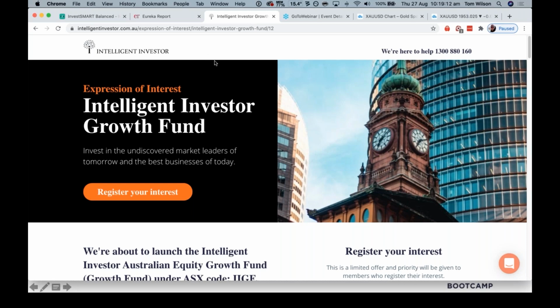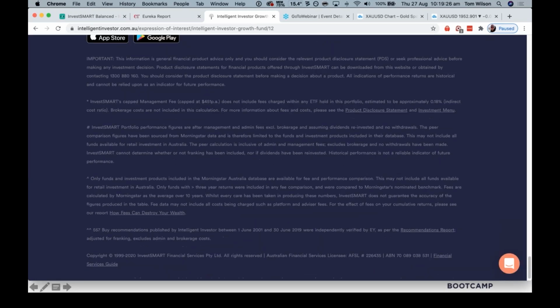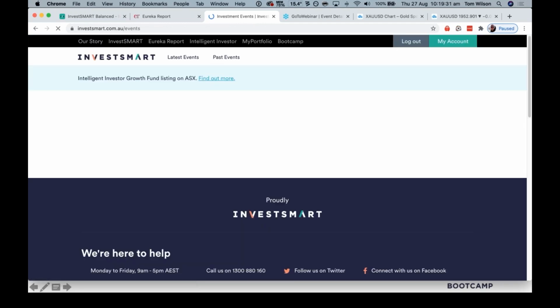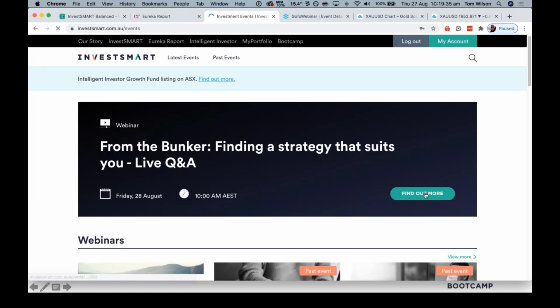There's that chase for higher interest or interest type assets that at the moment, unfortunately, are very low, so we get a lot of questions about that. You can definitely register for that. You can either go to the very bottom of the page, or it's in the bootcamp modules already. But if you go to latest events, it's from the bunker, and you can click that.